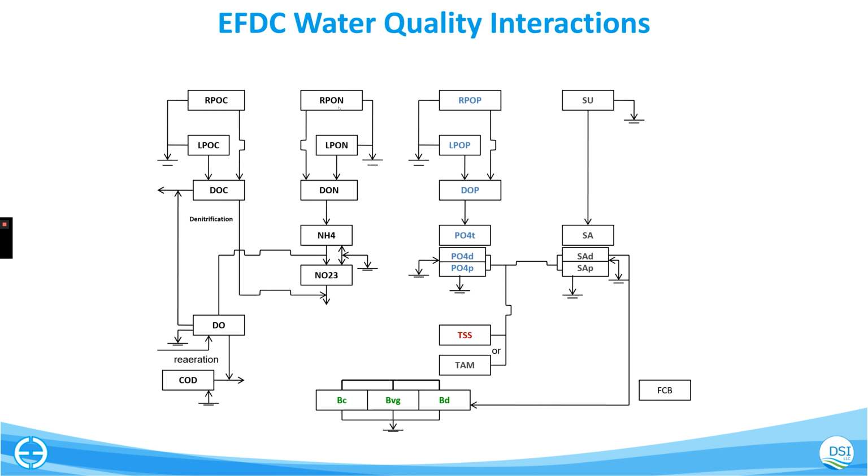You have to take the lab data that you have and convert it into the actual state variable values. There's a lot of guidance that we have, and there's other guidance in the literature to help you do that. But you don't typically get a lab to tell you how much refractory particulate organic carbon you have. Most labs won't. Some research labs will, but most of them won't. So you have to build these up through typical ratios.